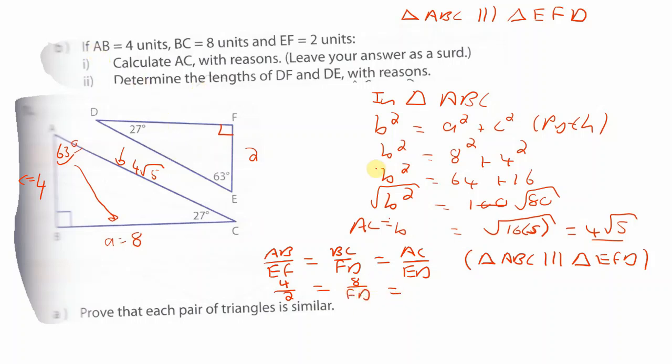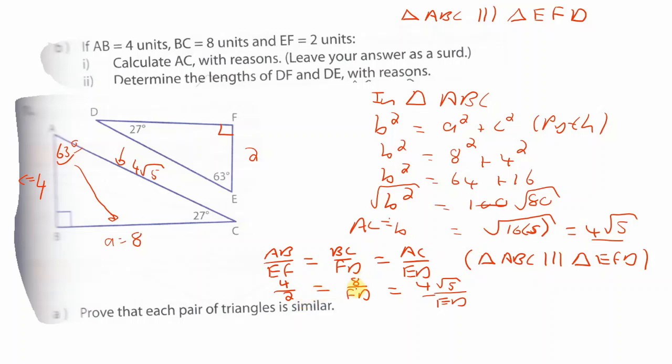AC we calculated in number 1. It's 4 square root 5. ED is the one that we also have to calculate. So now 4 divided by 2 we know is 2. So we know triangle ABC is bigger than triangle EFD by a factor of 2.